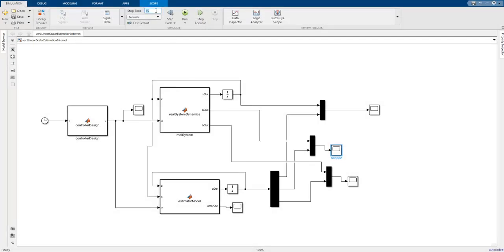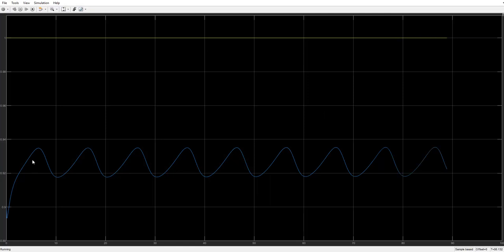And so if I run this code until 100 seconds, or if I have more samples of the system, we have this kind of dynamics in here like this one, okay?